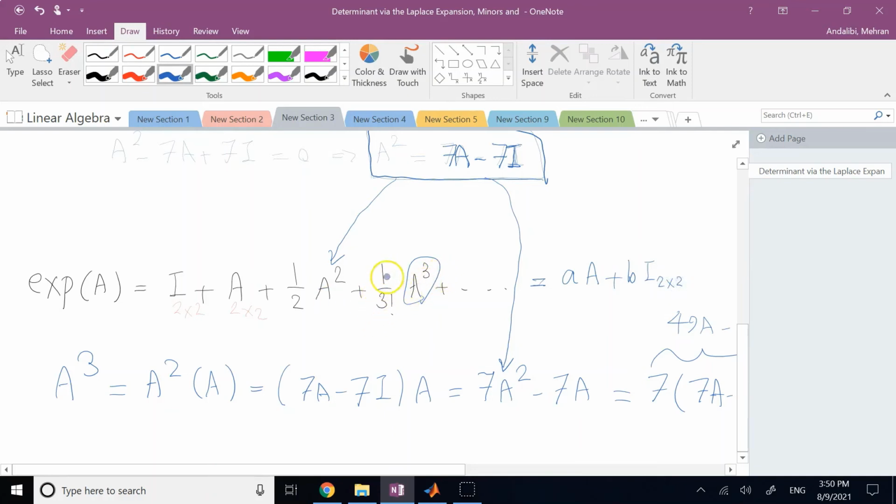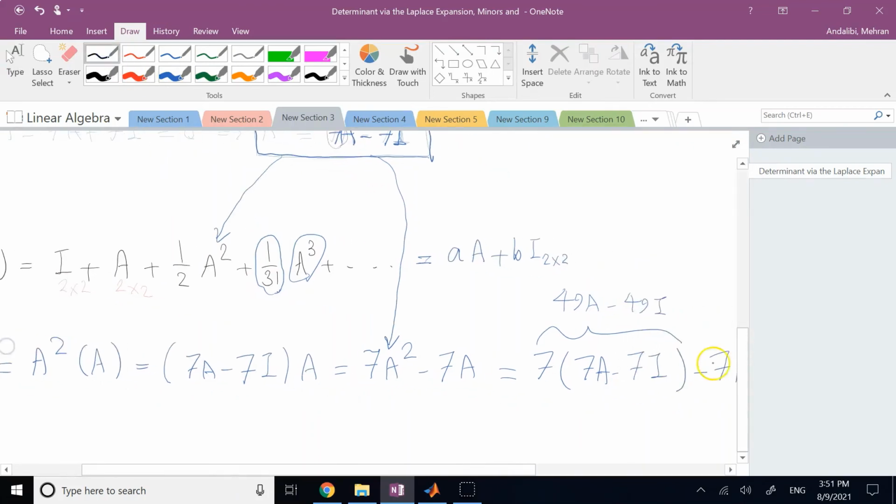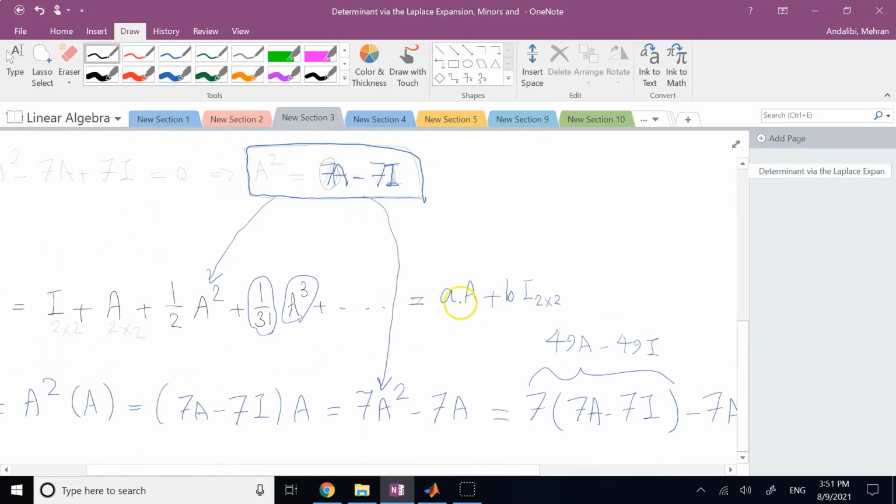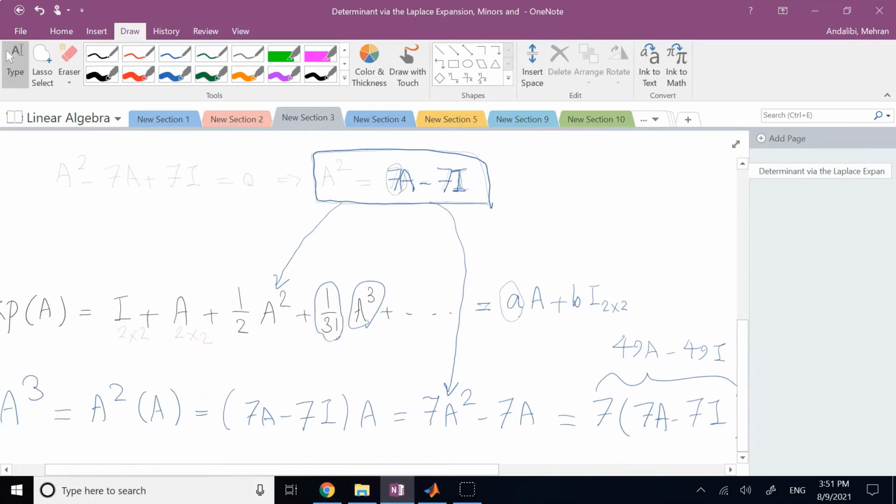And the thing is, if you look at the weights of these terms, they are really reducing. And when you add those single coefficients of A in them, like this 7, this 43, and so on and so forth, 42, they ultimately will converge to a number because the magnitude of them is reduced.